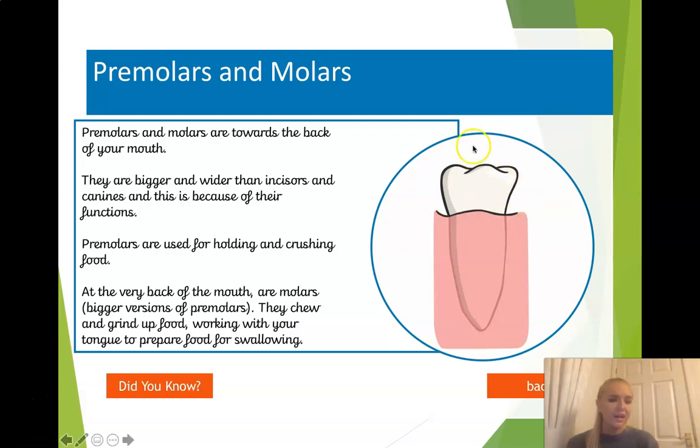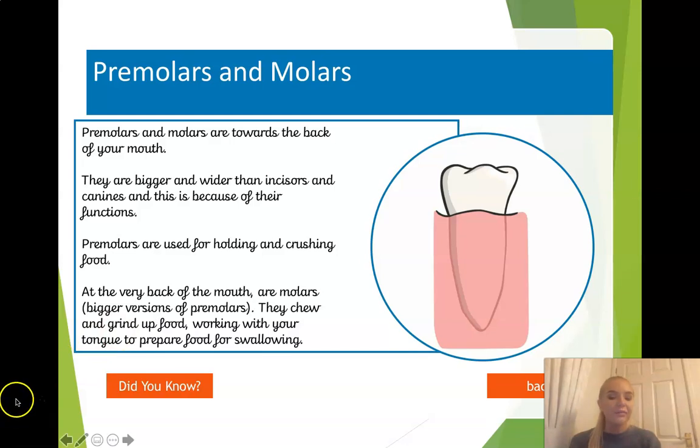We can see that they're a lot larger than our canines and our incisors. Our canines were sharp and pointy, but they weren't very wide, whereas our premolars and molars are very big and wide. If you feel the back of your mouth, you can feel your premolars and your molars. Put your tongue to the back of your teeth and feel the little indents.